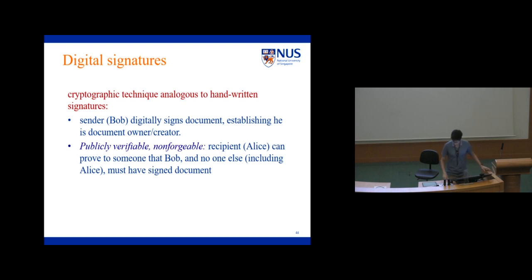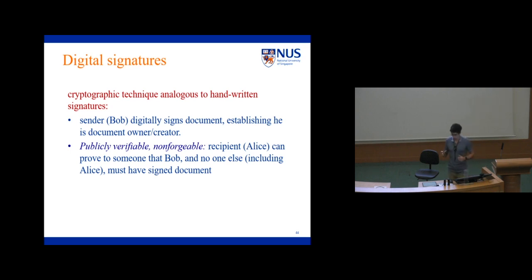So in a digital signature, the sender, in our case Bob, digitally signs the document, establishing that he is the owner or the creator of that document. And the good thing about this is that it is publicly verifiable.